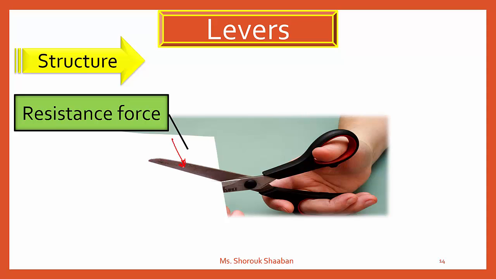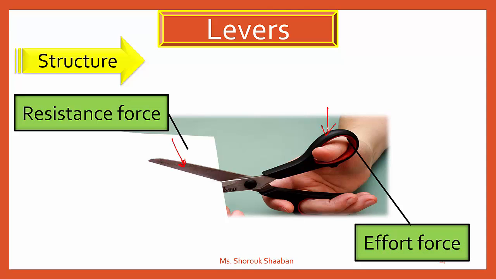Second, where is my hand? Where is the force that I'm doing? Here. So where is my hand? This piece is called effort force. Number 3, the point around which all of this lever is rotating or is moving.